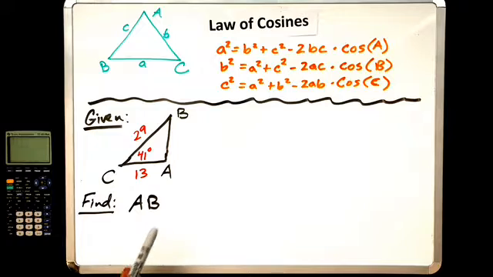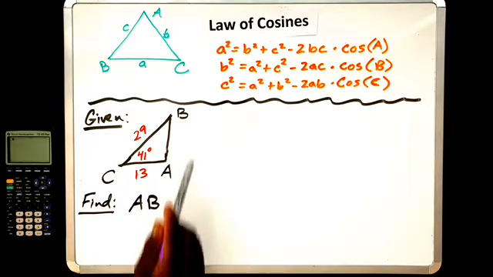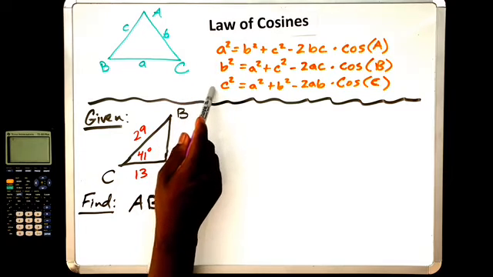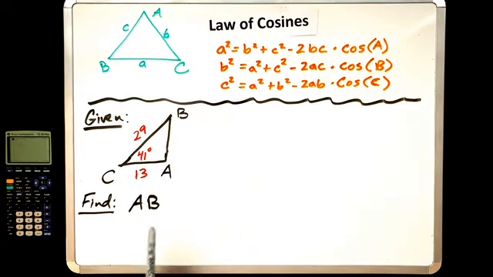And in fact, there are patterns. Usually you have to memorize these three, but if you know the pattern, you can know how to write each of the three. The way it works is we're going to examine this problem, and we're going to choose one of the three equations that will allow us to find the length of AB.